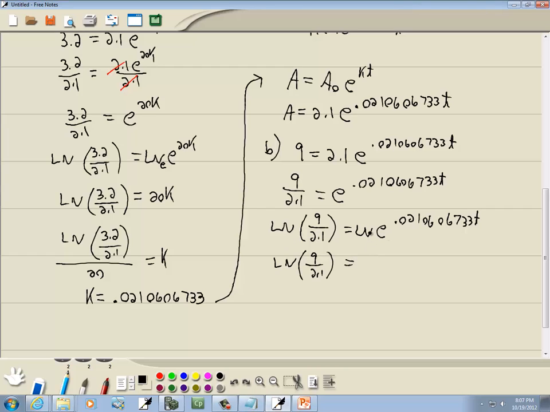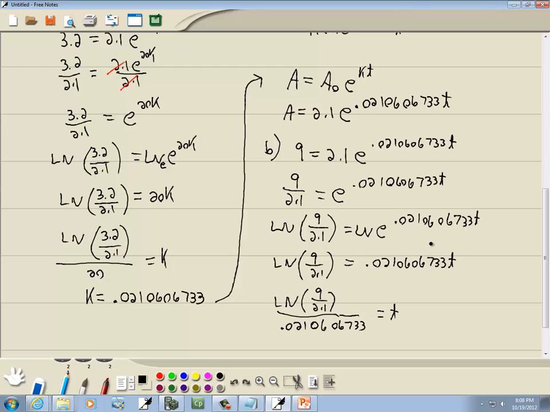Now remember, natural log and e cancel each other out, so you're left with 0.0210606733t. And we're solving for t, so we're going to divide both sides by that number. So we've got natural log of 9 divided by 2.1 divided by 0.0210606733.